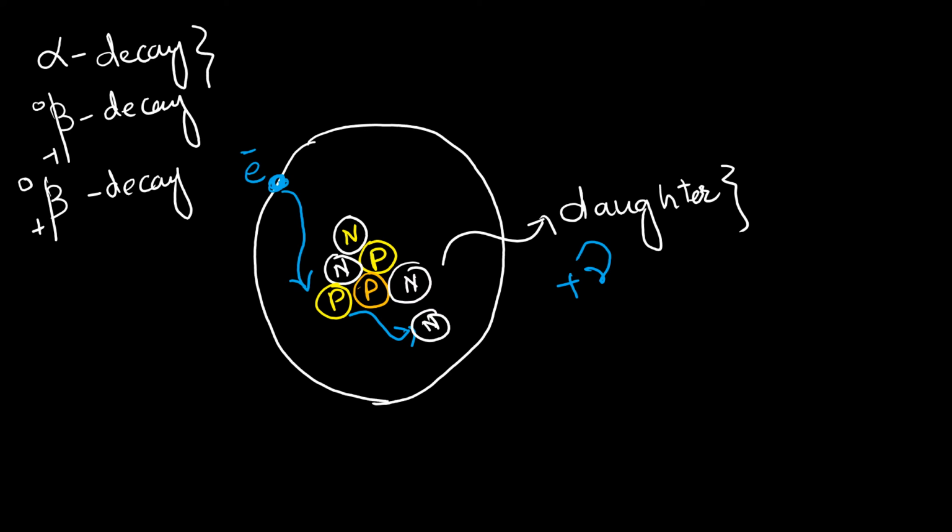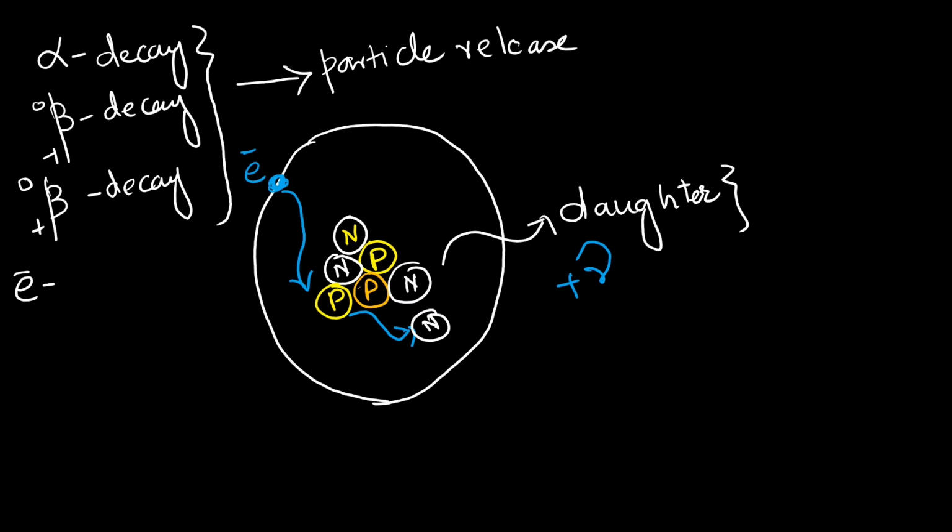In all these three types, new or additional particles are released in the process of decay. Whereas in the electron capture process, particles are gained.